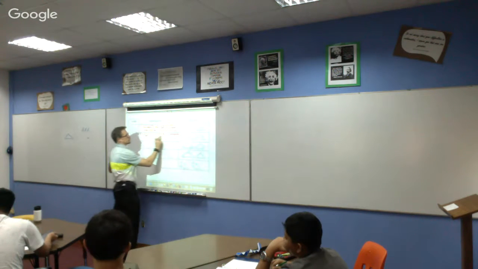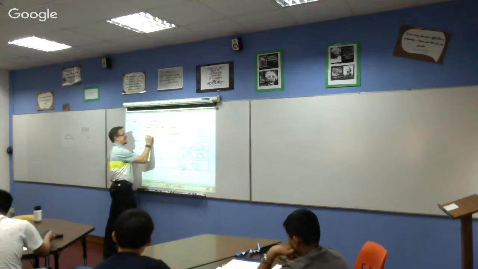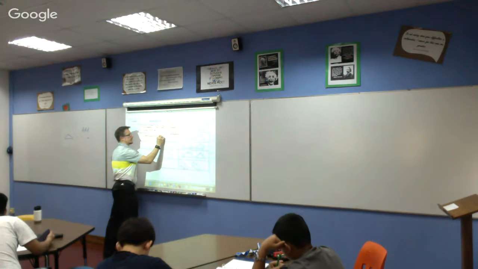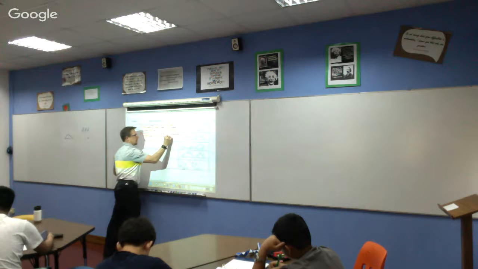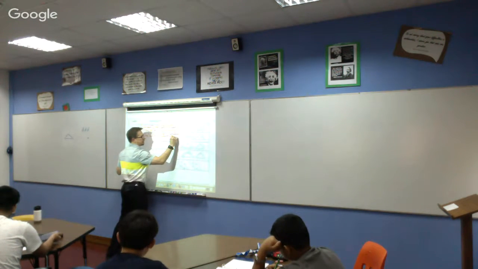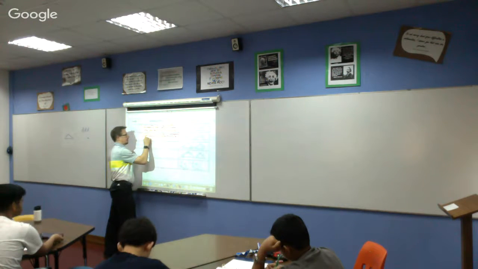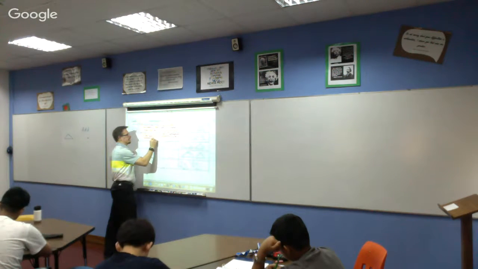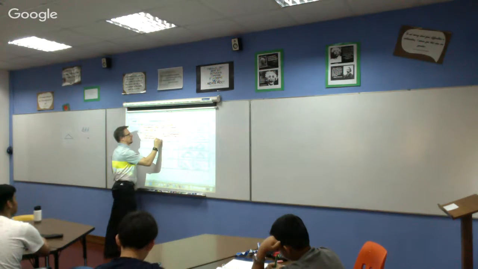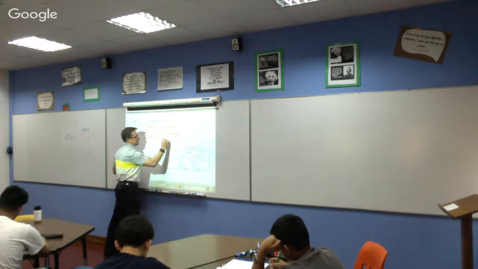So in two triangles, if two pairs of corresponding sides and their included angle are congruent, what happens? The triangles are congruent. I'm shortening this.